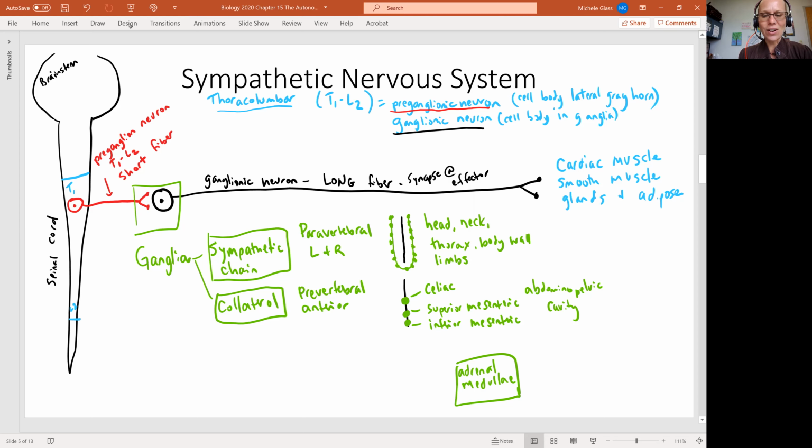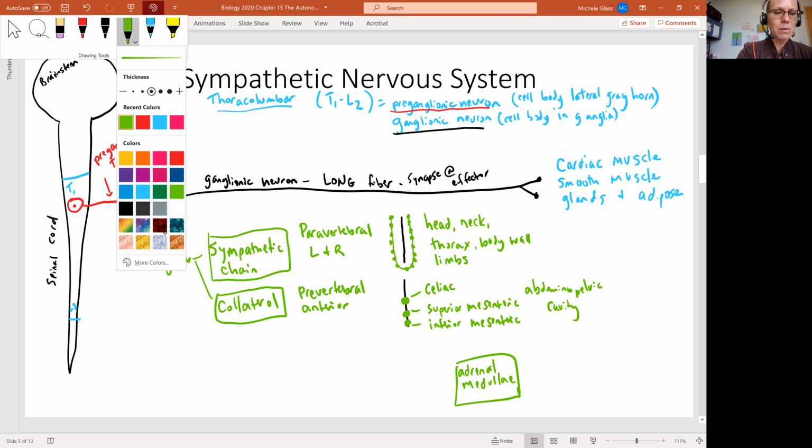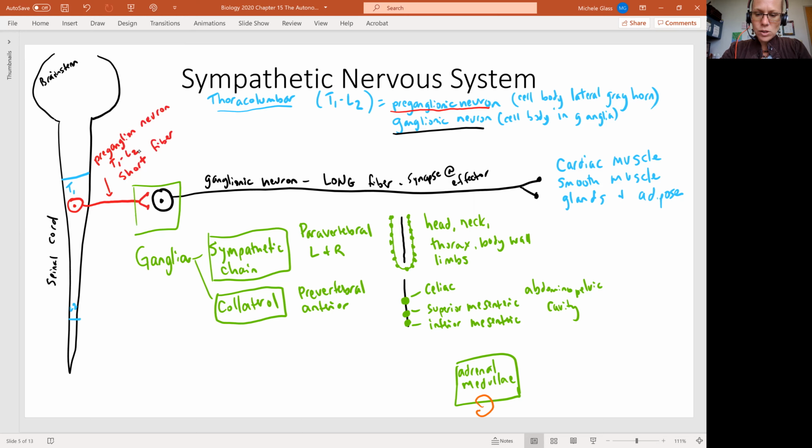And here I've got it listed as adrenal medullae. Now, as a side note, I'm going to use orange because I don't have a brown, and I'm going to draw a little kidney underneath here. So think of a kidney-shaped structure. So that's my kidney.